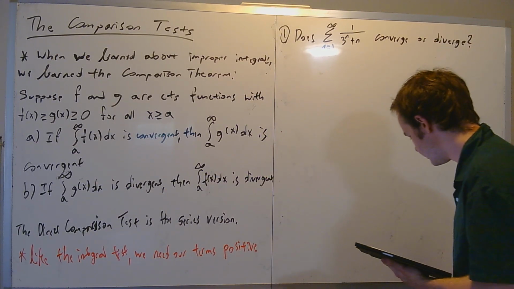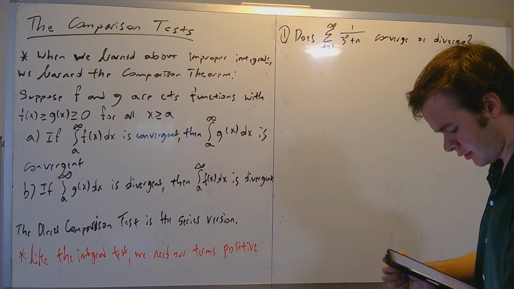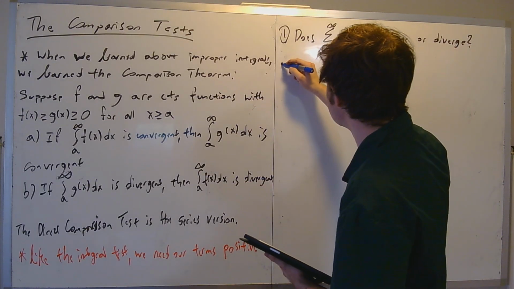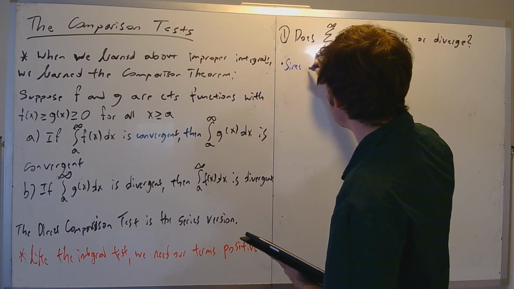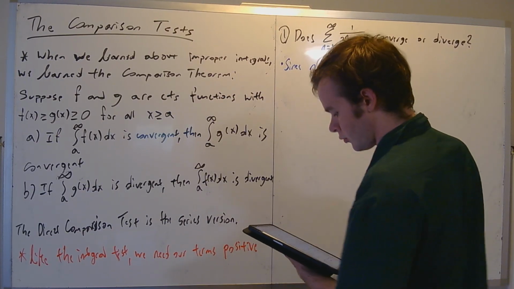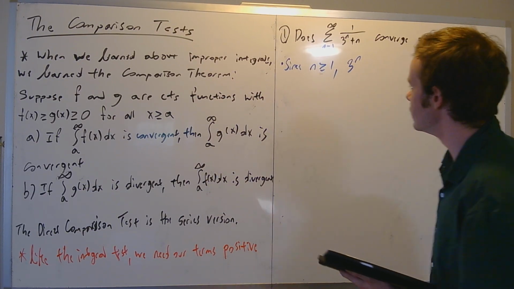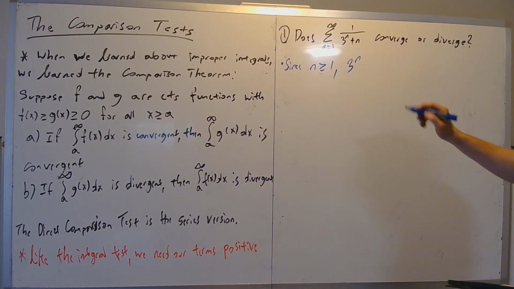Okay, so let's write down here. Since n is greater than or equal to 1, let's look at 3 to the power of n. Well, if n is greater than or equal to 1, this better be positive.